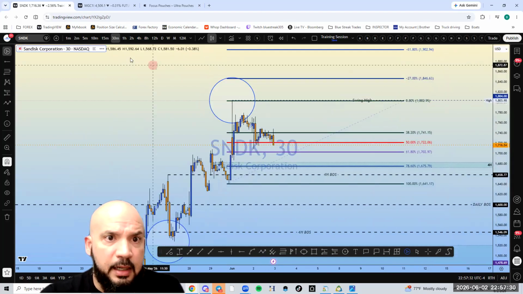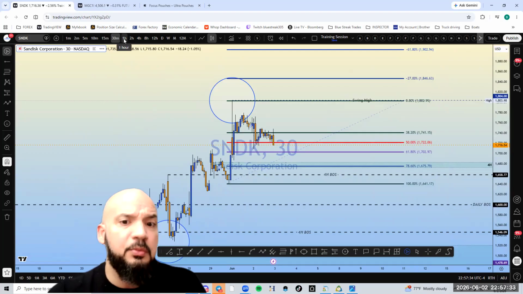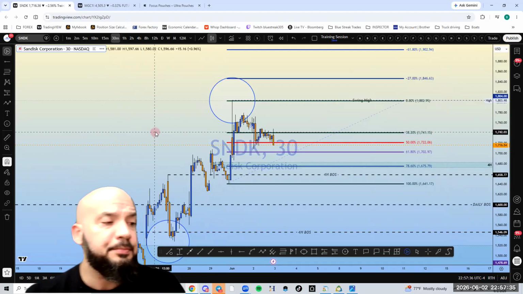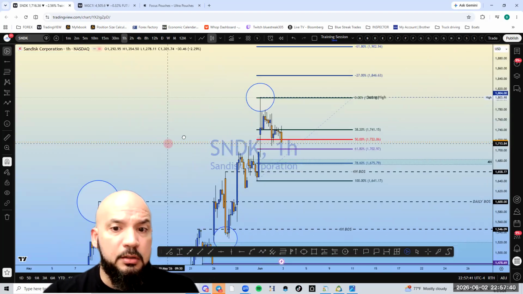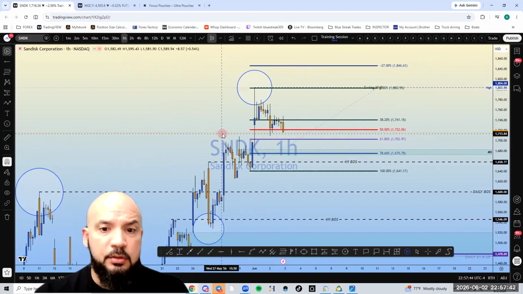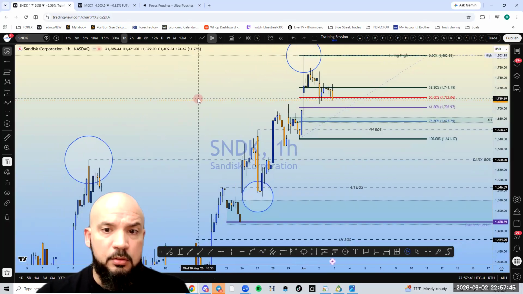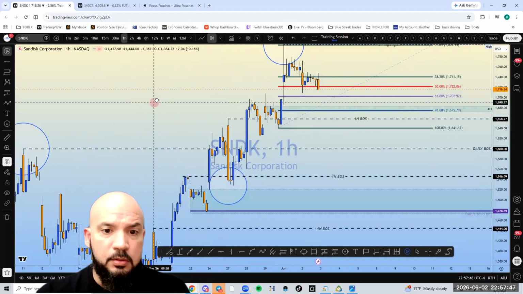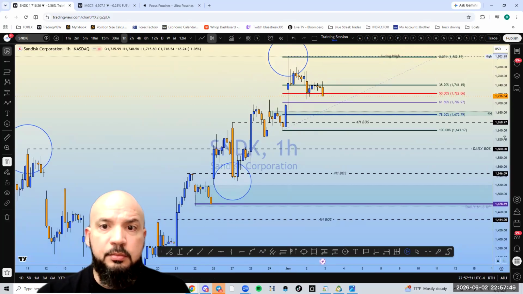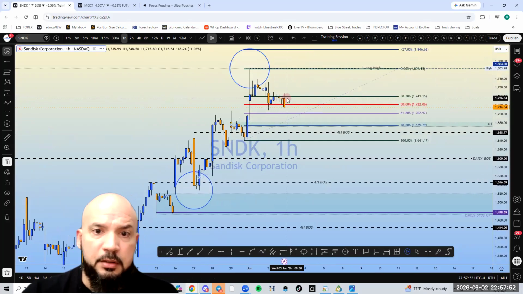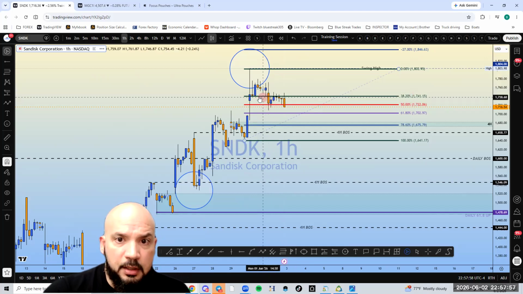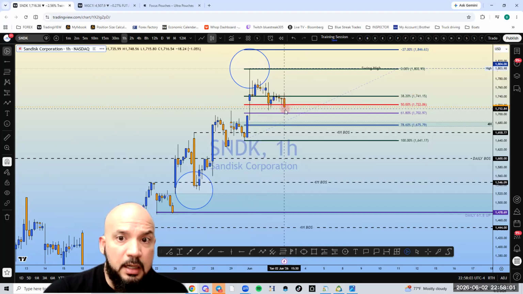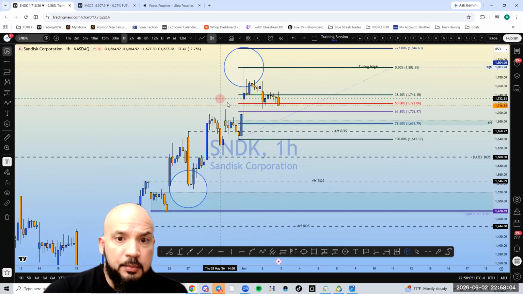So I'm going to go back to the higher time frame, which simplifies reading the market. It's just going to simplify it for you. So this is definitely in the bullish trend. It didn't respect the 38.2 here. It broke structure to the downside, came back and retested the structure and is still moving down, right?